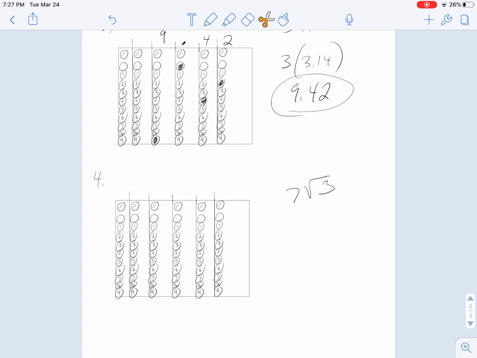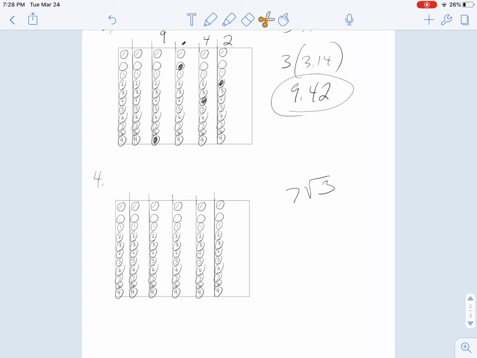The square root of 3 is actually like 1.732050, quite a few numbers.